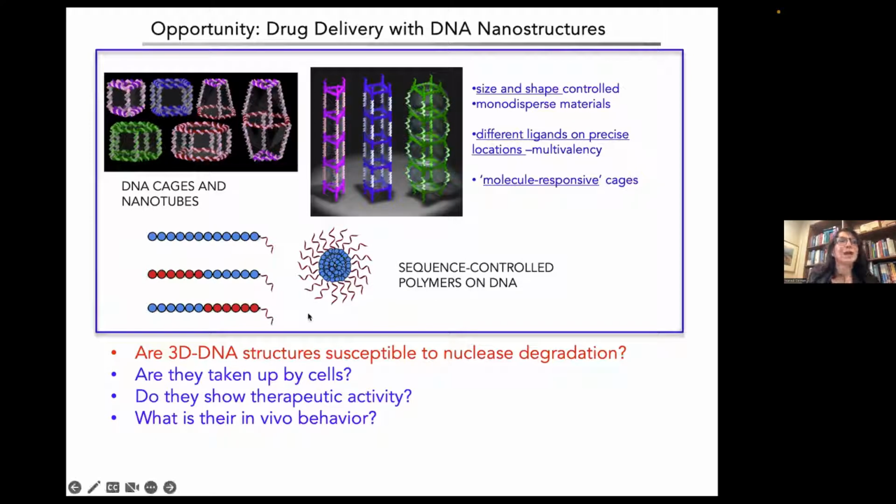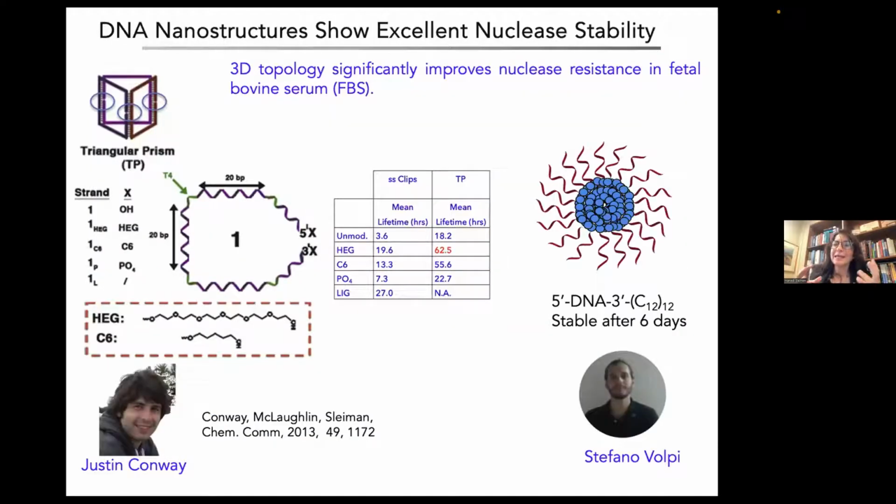Okay, first question. Are our 3D DNA structures susceptible to nuclease degradation? I told you that there are enzymes in our blood that are capable of degrading DNA and RNA. Obviously, it would be very wasteful if all of our cages were degraded very quickly in the body. But it's interesting, it's really a supramolecular idea.